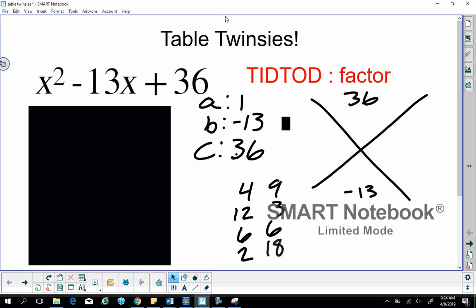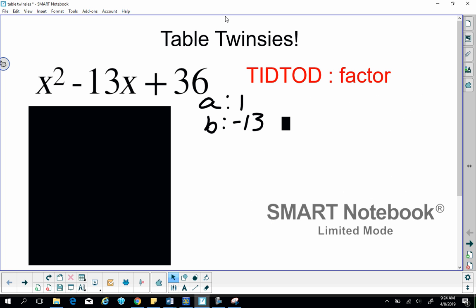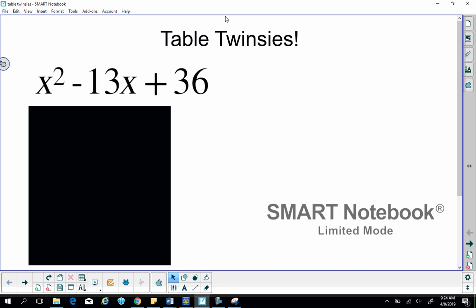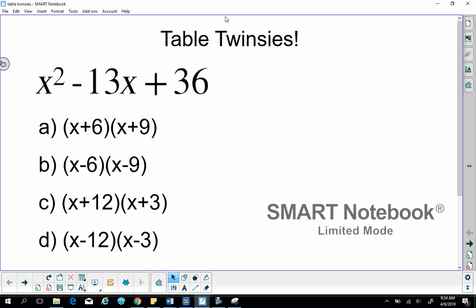So if there had been multiple choice, do you guys remember during the exponential unit how Miss T was super annoying and she kept on talking about table twinsies? Anybody? Is that really extra? So table twinsies is where they're the same thing. Can everybody type this equation into table?